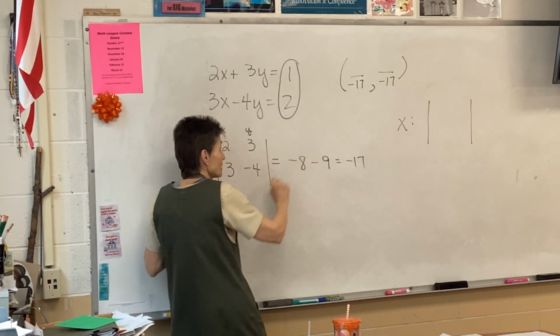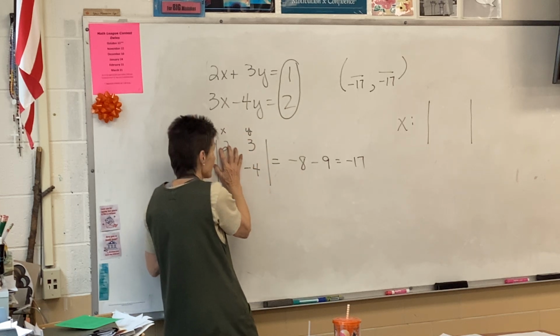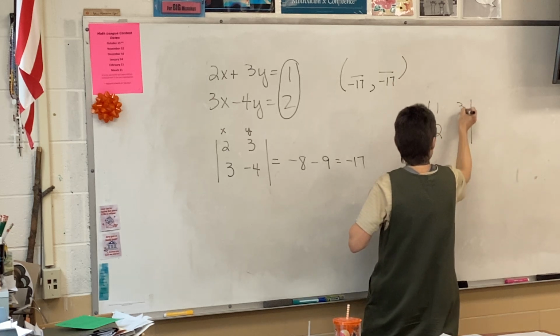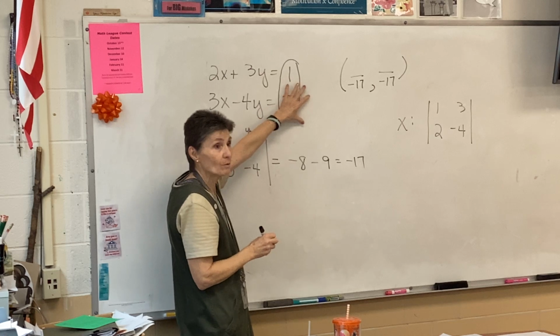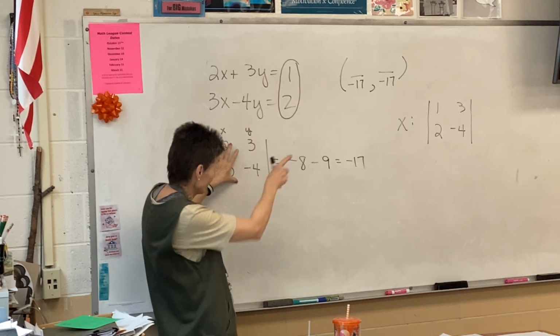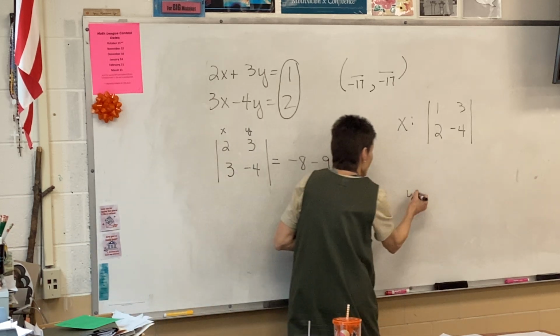So I'm finding x, so I'm pasting the 1 and the 2 on top of the x. So that determinant looks like 1, 2, 3, -4. So I simply cut these out and paste them right on top of the letter I'm looking for, which is x. Now, how do you think I'm going to do y?